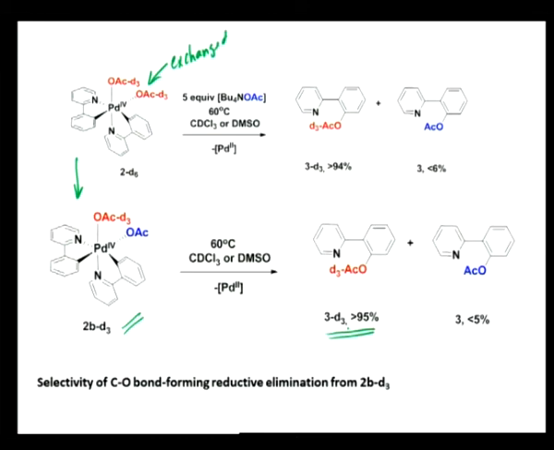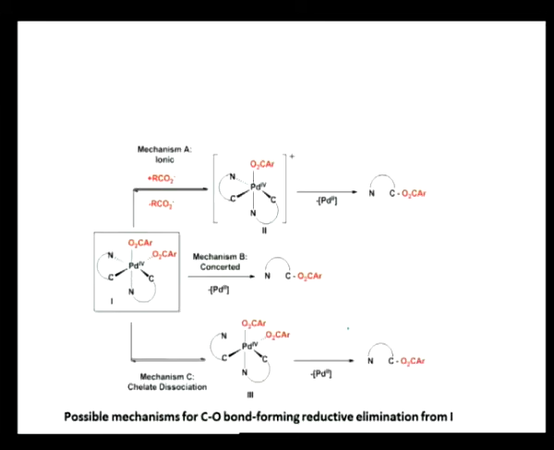So, two things have been established very clearly. The acetate which leaves the coordination sphere is not the one which is attached to the carbon at the end of the reaction, and only one acetate is exchangeable. So, the third possibility which I told you, which will require this chelate ring breakage, was also considered, but this requires that you have a chelate ring which is not coordinated, and it is highly unlikely.